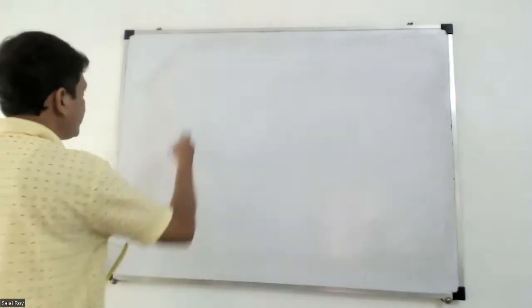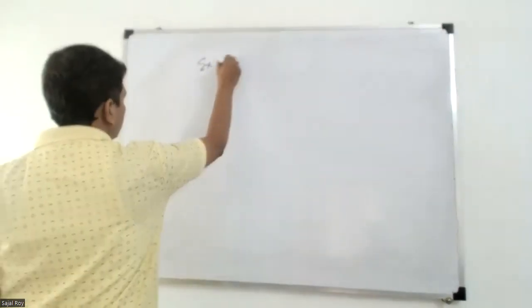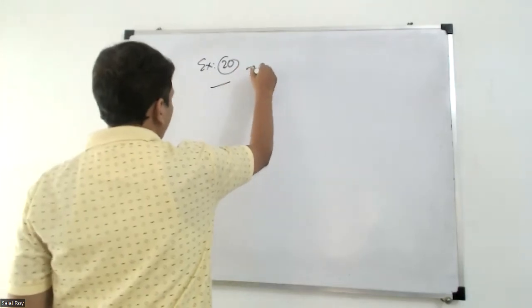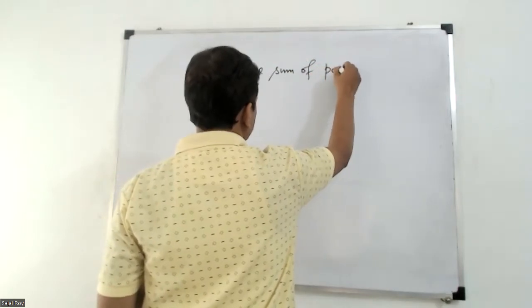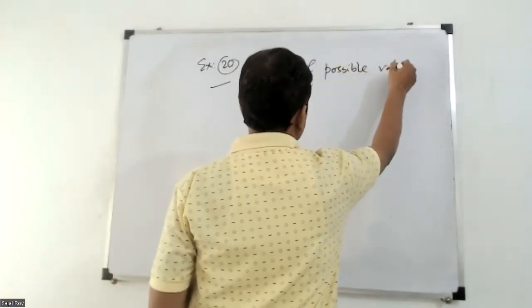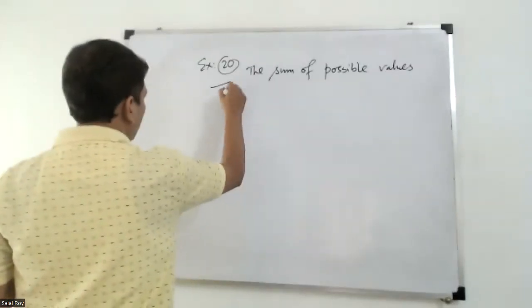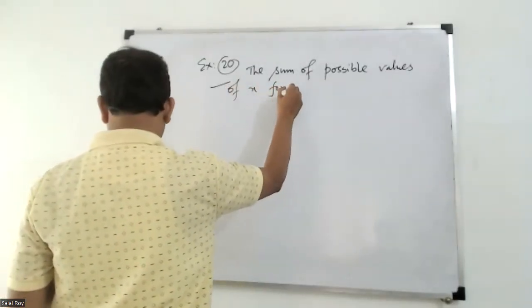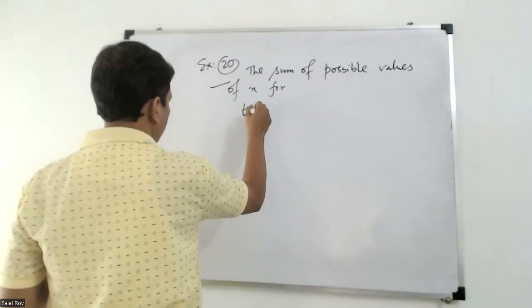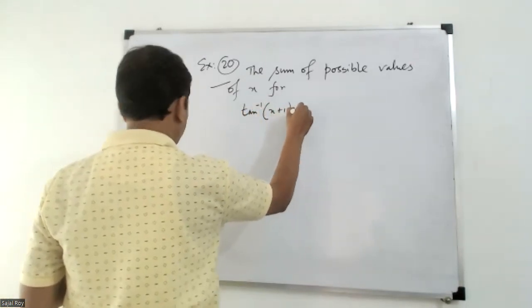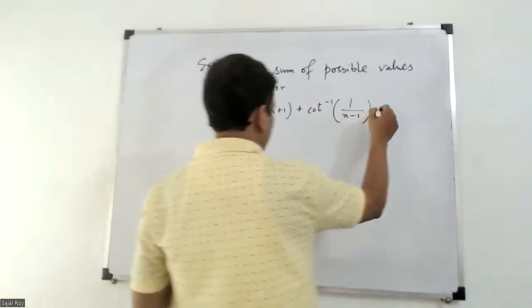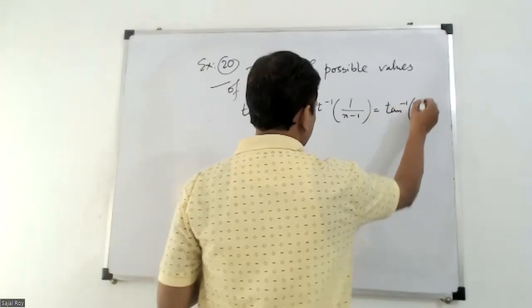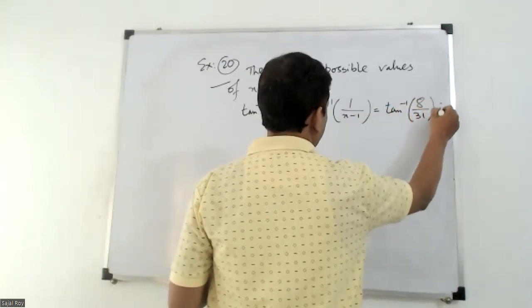Also, another question you have. This is also 2021. The sum of possible values of x for tan inverse (x plus 1) plus cot inverse (1 over x minus 1) equal to tan inverse 8 by 31 is.